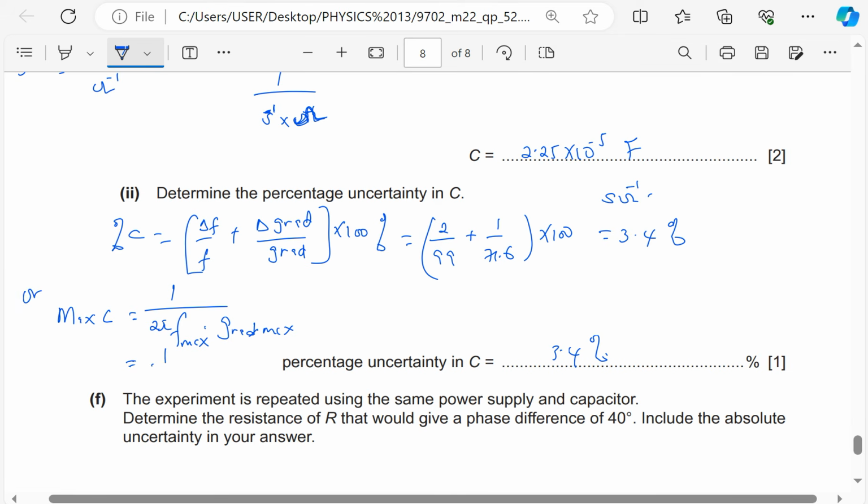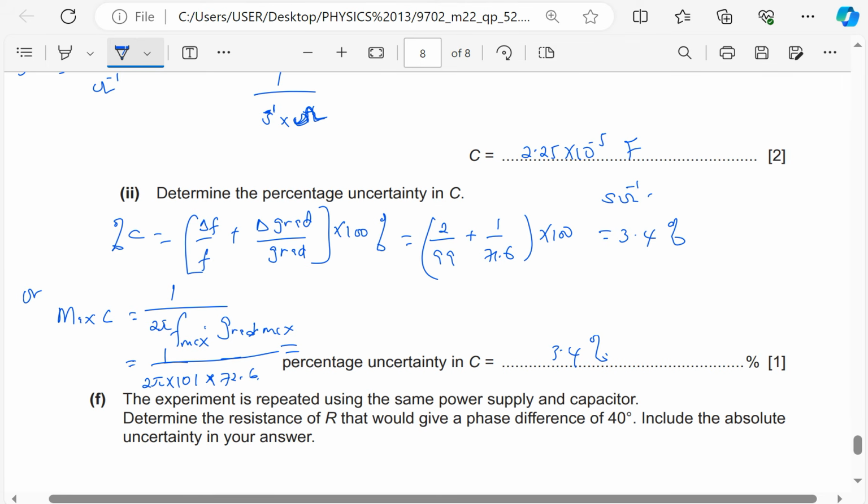So this would be 1 over 2 pi. The maximum value of F is 99 plus 2, which is 101, times the maximum value of gradient, which is 71.6 plus 1, which would be 72.6. That would be the maximum. Then the answer you get, you subtract it from the value of C you obtained earlier on.